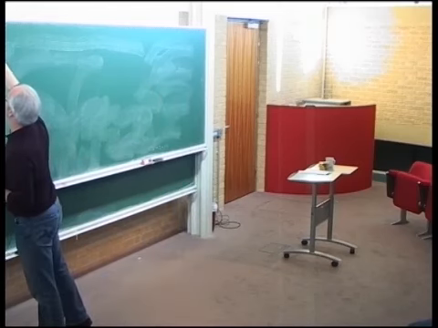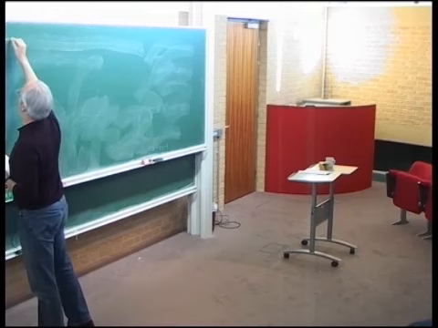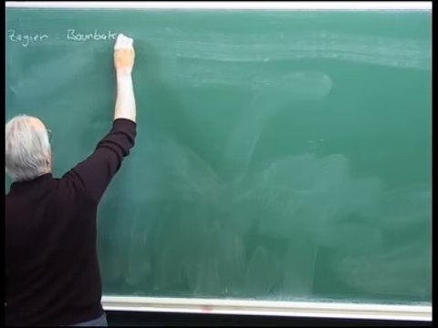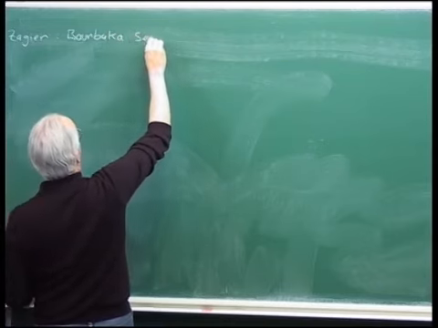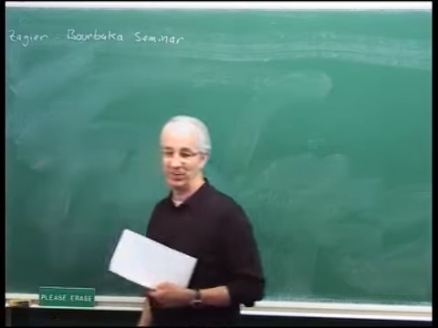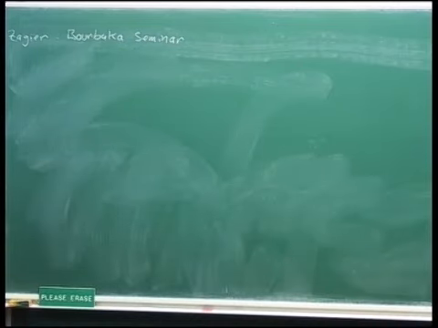I want to give you one reference. There are these Bourbaki seminars where various mathematicians explain to other mathematicians some new development. And Zagier's Bourbaki seminar on Mock modular forms is not too bad to read.